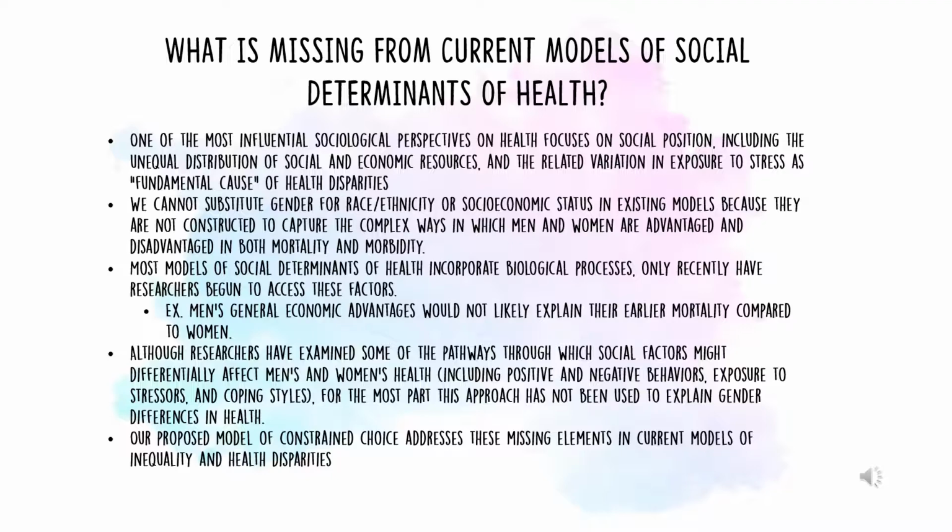Researchers have examined some of the pathways through which social factors might differentially affect men's and women's health, including positive and negative behaviors, exposures to stressors, and coping styles. For the most part, this approach has not been used to explain gender differences in health. Our proposed model of constrained choice addresses these missing elements in current models of inequality and health disparities.